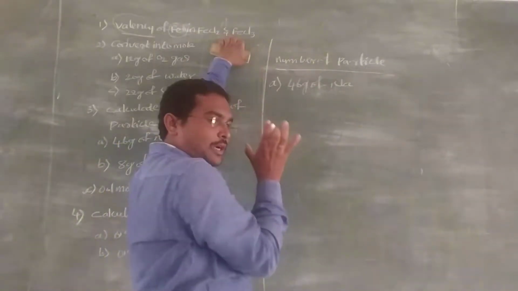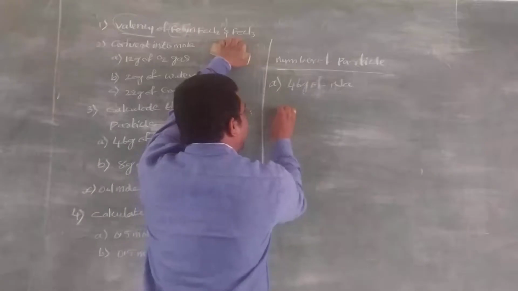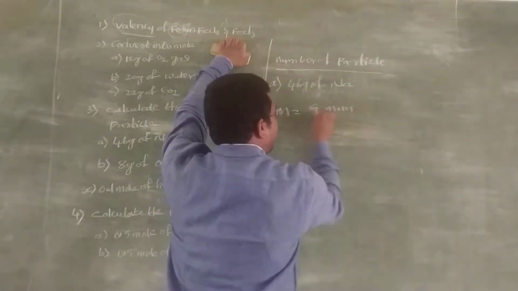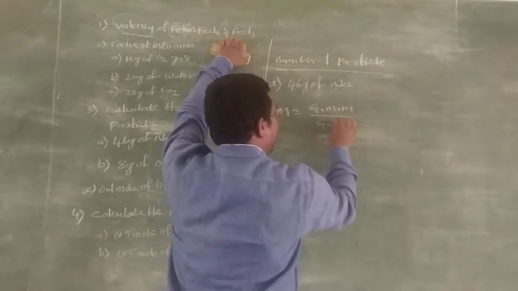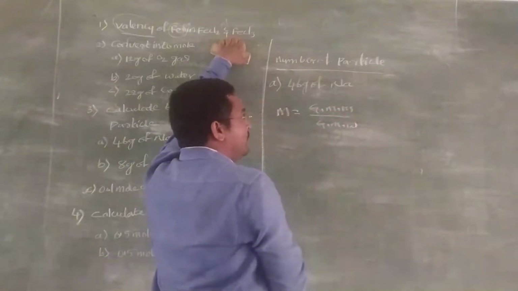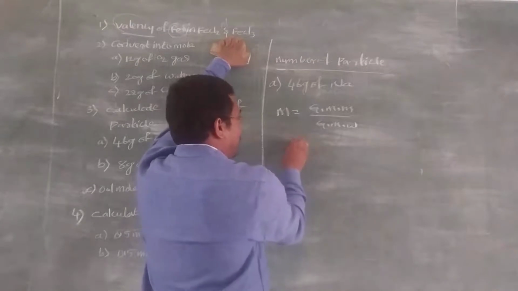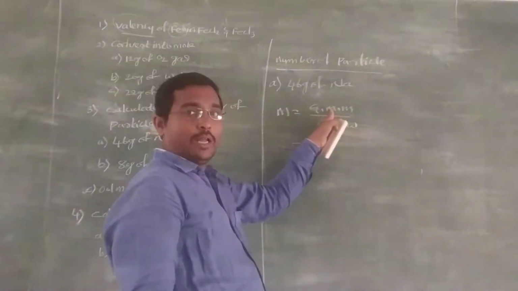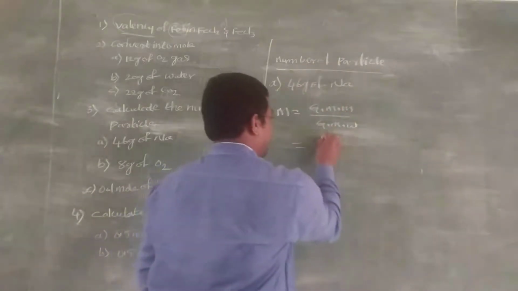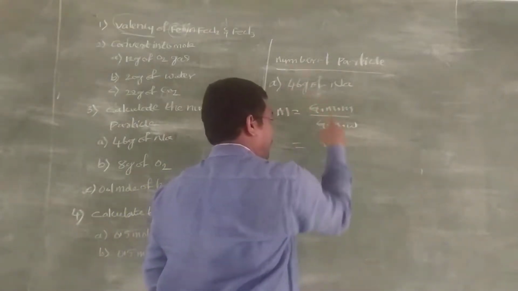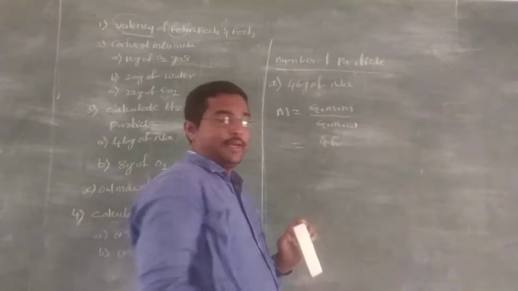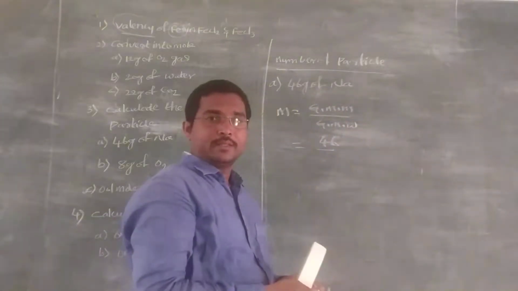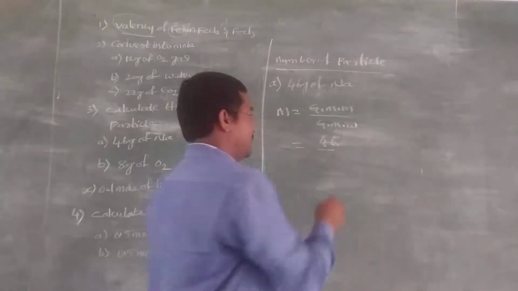You want to calculate the mole. The formula is: mole is equal to given molecular mass divided by gram molecular weight. Here the given mass is 46, written as the numerator, and the denominator is the atomic mass of sodium, which is 23.